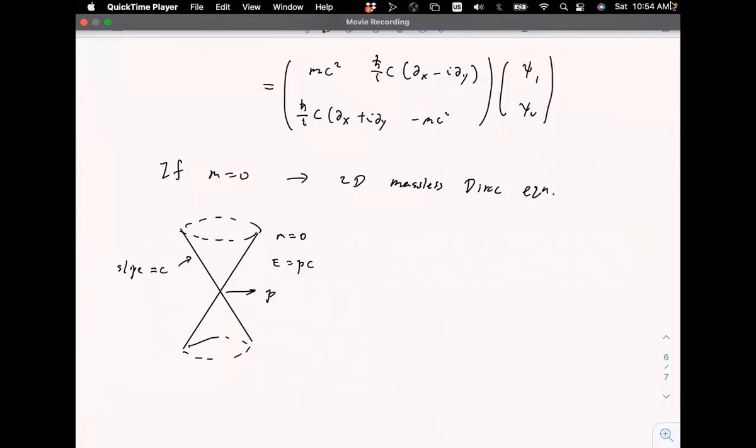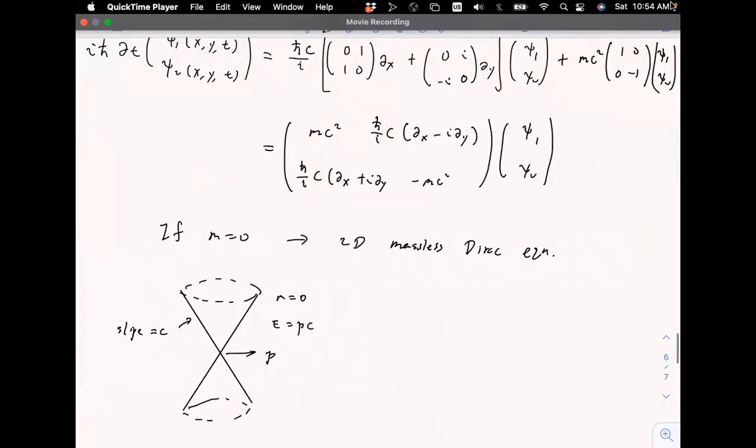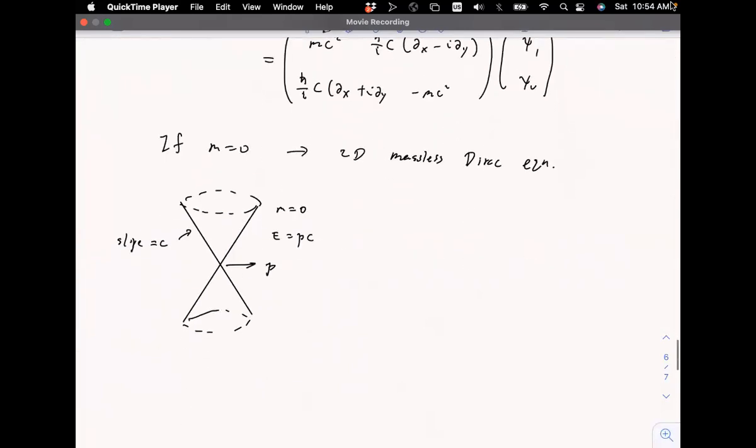In graphene it is the Fermi velocity, but it has the same form. So if m is not equal to 0, then you will have a gap. If m is not equal to 0, then you open a gap.